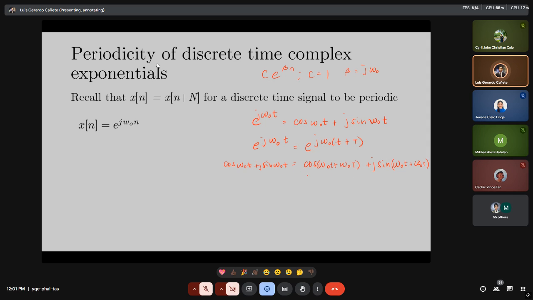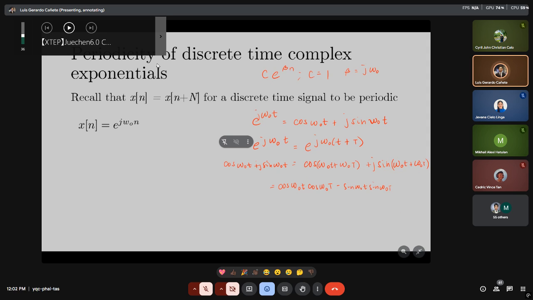So, for example, this one right here, we can write this down as cosine omega o of t cosine omega o of tau minus sine omega o of t sine omega o of tau.